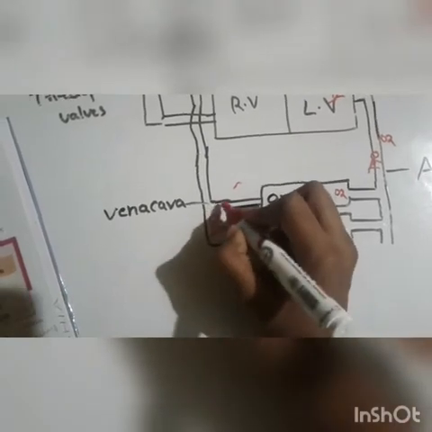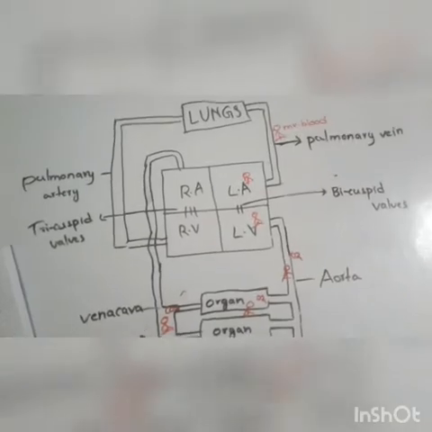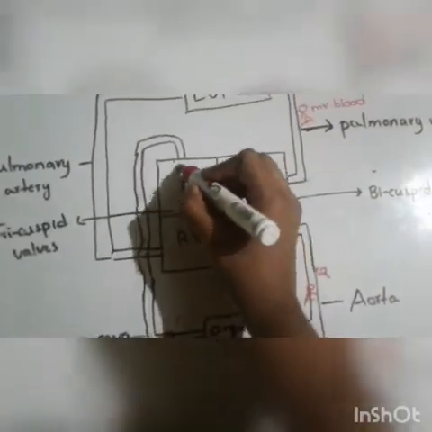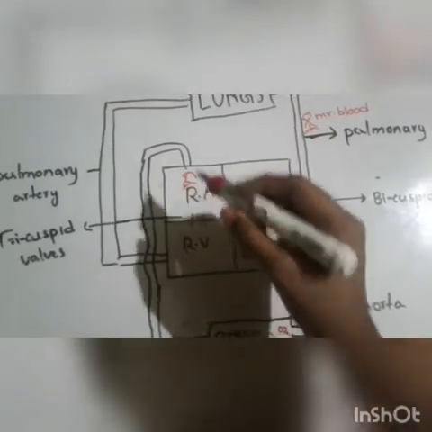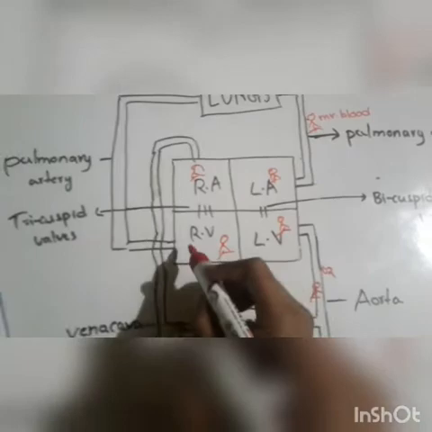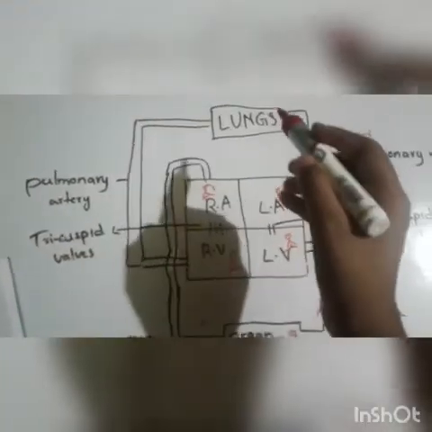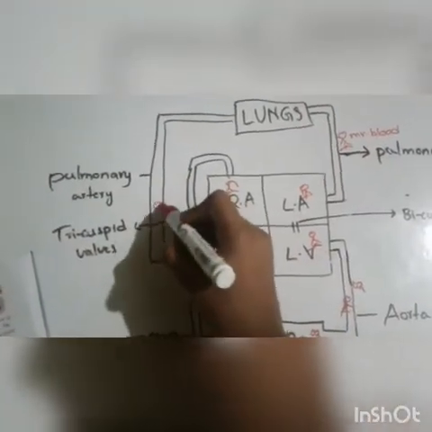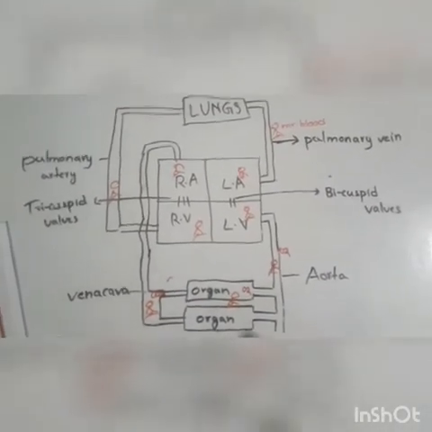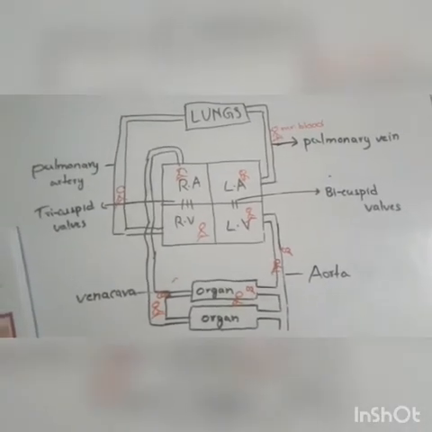And now the deoxygenated blood from the vena cava goes to the right atrium of the heart, and it comes to the right ventricle, and from the right ventricle through the pulmonary artery it goes to the lungs. The lungs exhale the carbon dioxide, and this is all the double circulatory system.